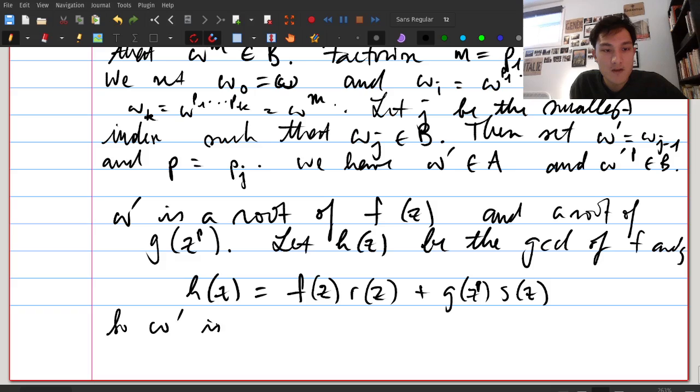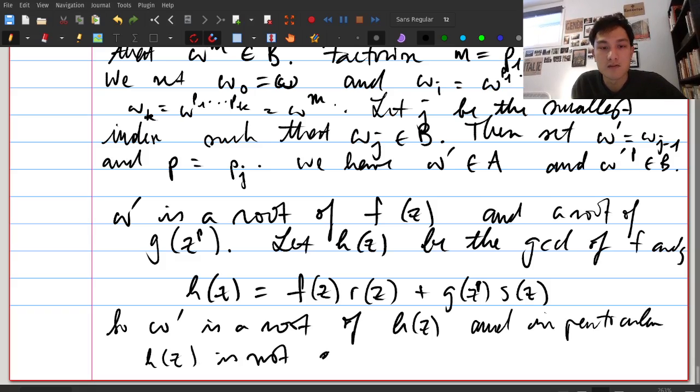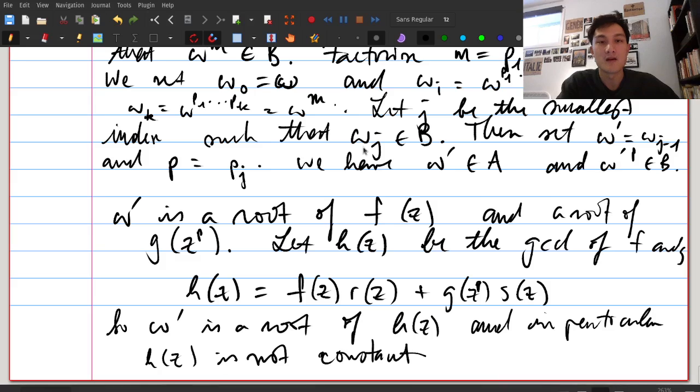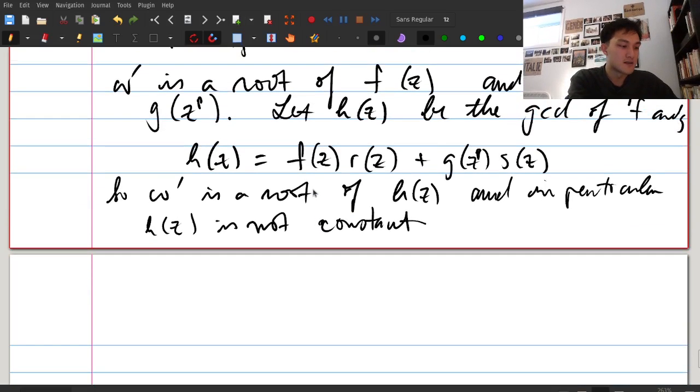So omega prime is a root of h of z, and in particular, h of z is not constant, because a constant polynomial has no roots.